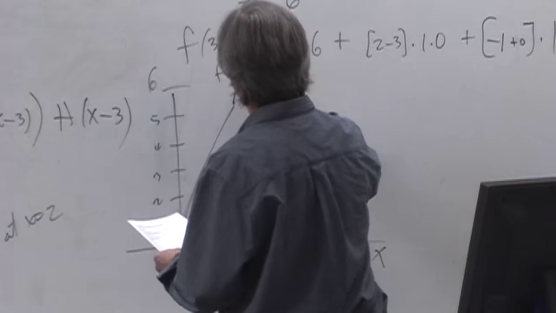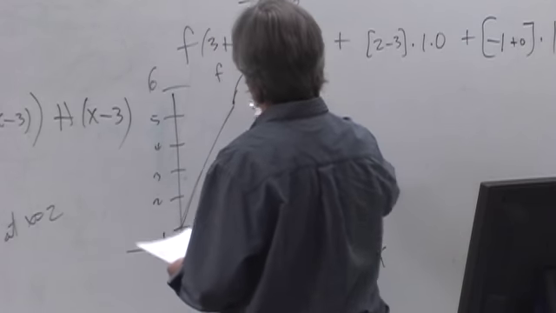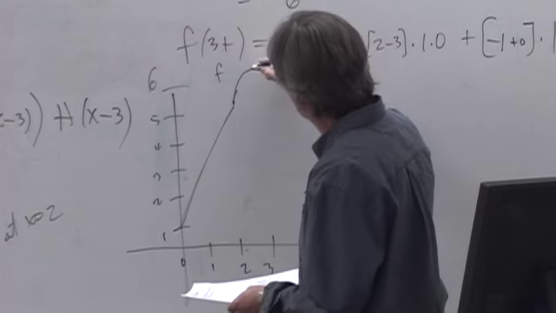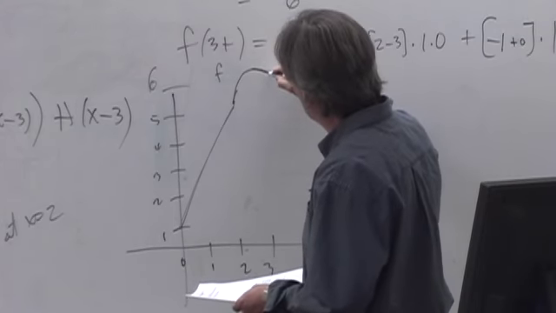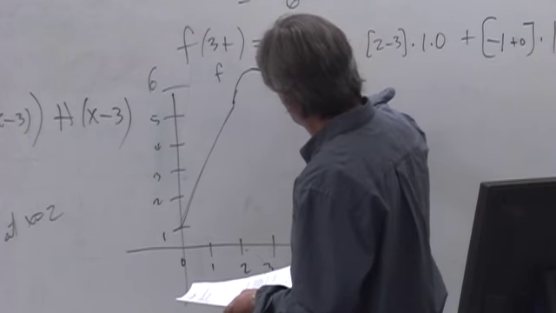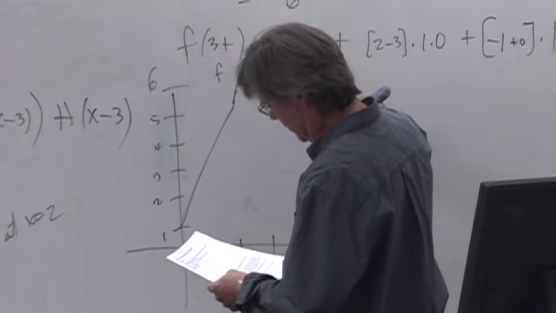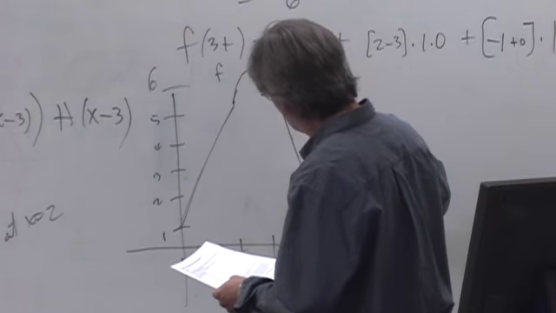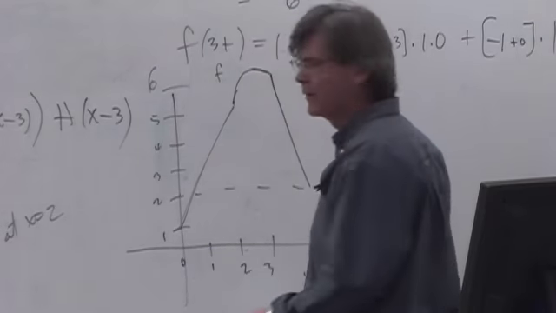It goes like this. It comes down a little bit. It goes to a value higher than 6. It comes down a little bit. It has like a bill of a cap or something here. Okay? And then it comes to 6, and then it goes straight down to 4 by the time I get to 4, because it goes down to 2 again. 2 at 4. Okay?